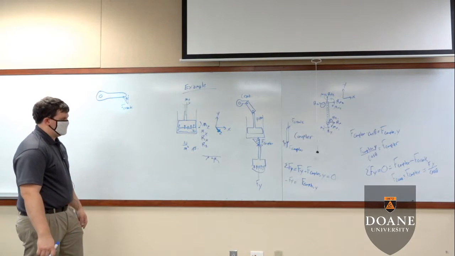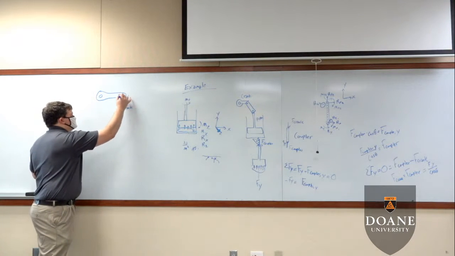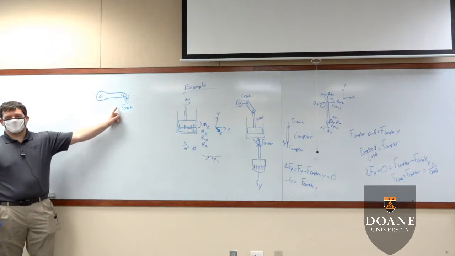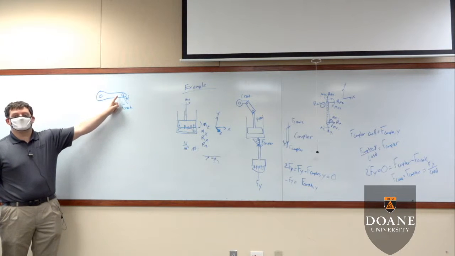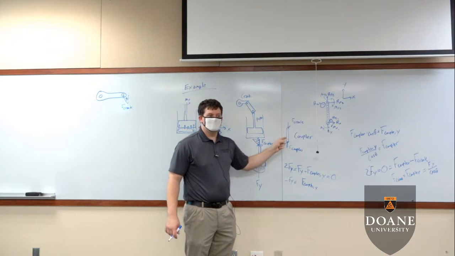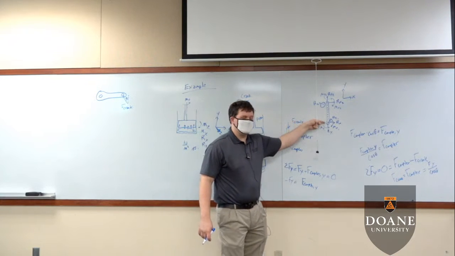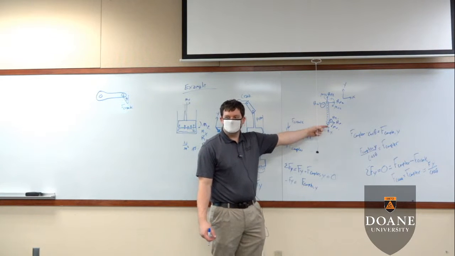Now the question that I have is, this is a revolute joint, this is a revolute joint. But I know I have a perpendicular component here. As we talked about with the coupler, it can't handle any perpendicular, transverse forces. Why not?